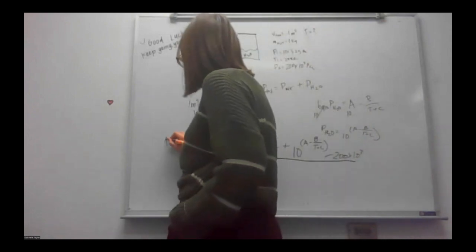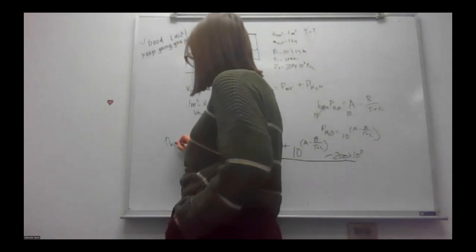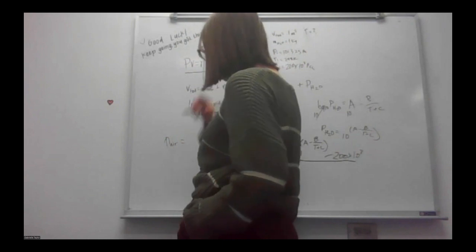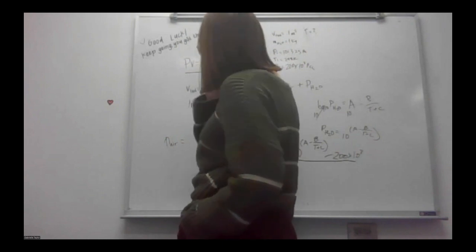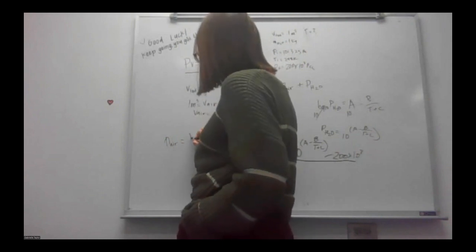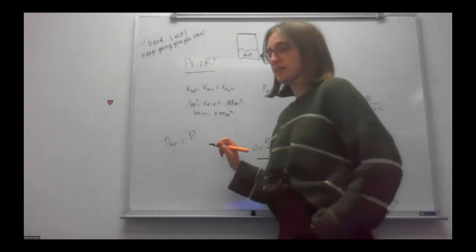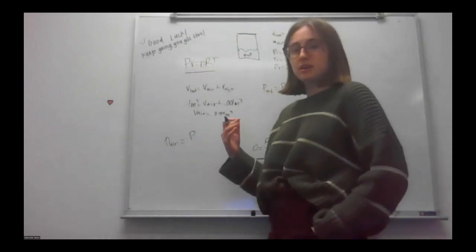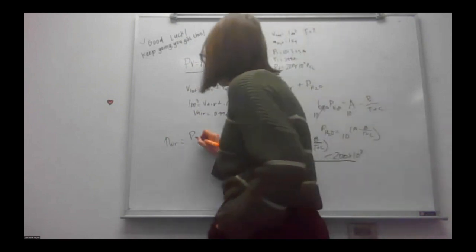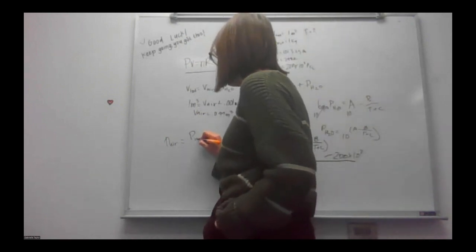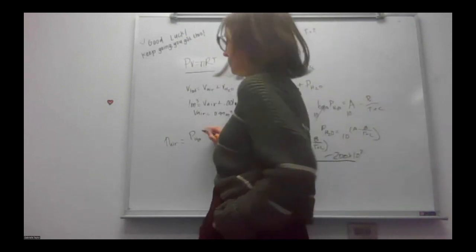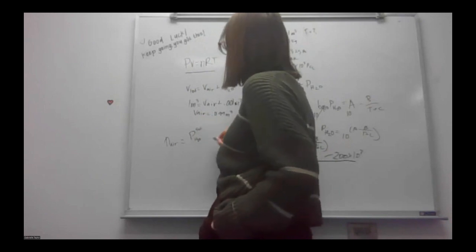Okay, so the moles of air are going to equal the pressure. Now this pressure, since it's the moles of water vapor, is going to be the pressure of H2O, and this is going to be at the equilibrium curve or the saturation line.